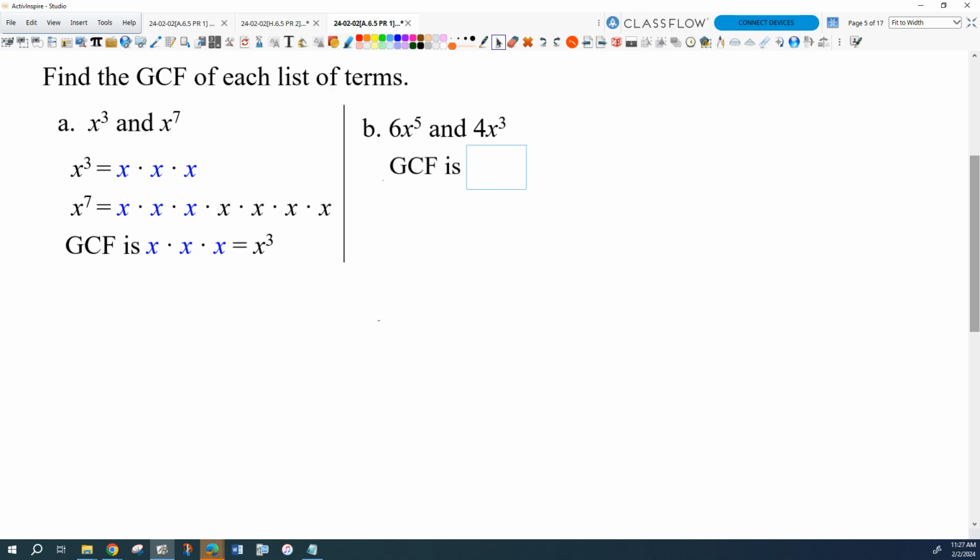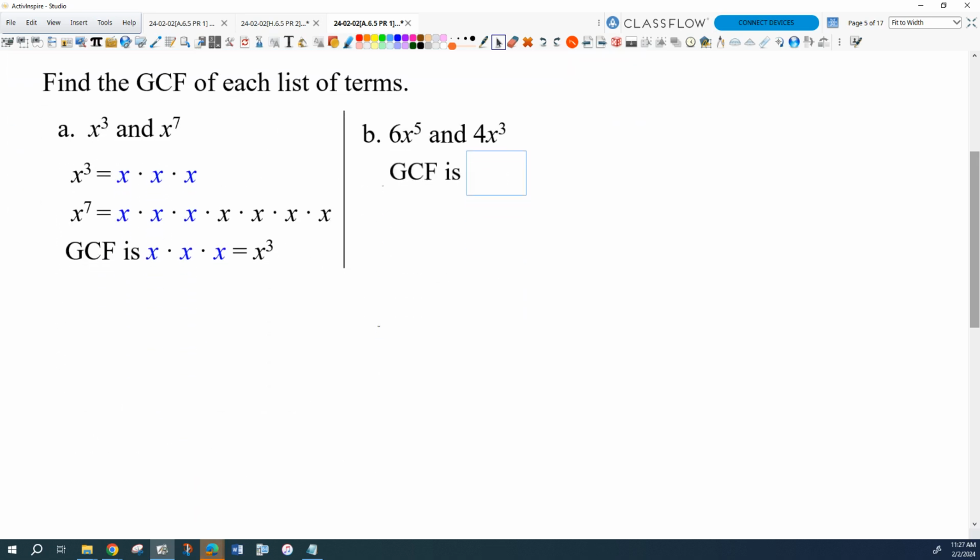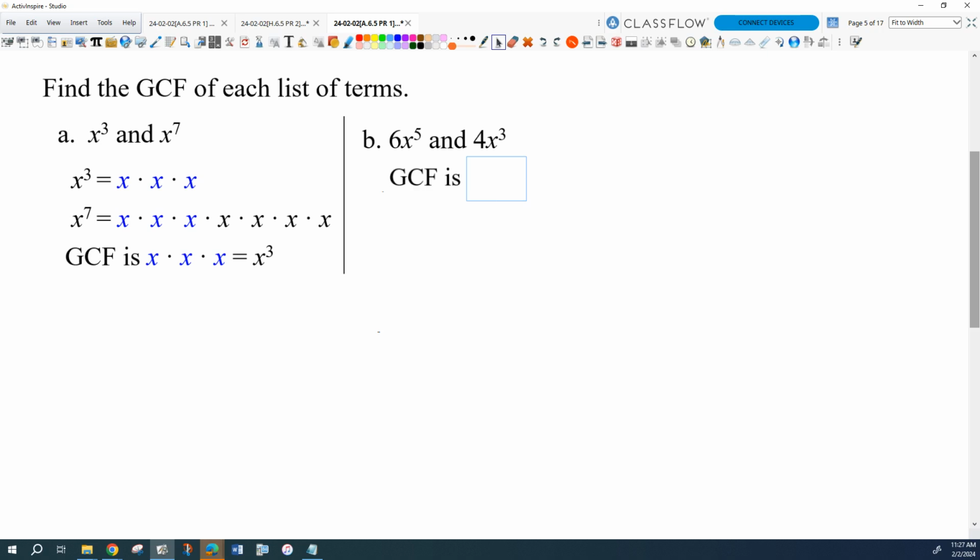So now you guys do this one for me. The greatest common factor of these two monomials, 6x to the 5th and 4x cubed. We can split this up, fortunately, into pieces. We can do the numbers first and the variables second, and just combine them in our GCF. So what about the number part? What's the GCF of 6 and 4?